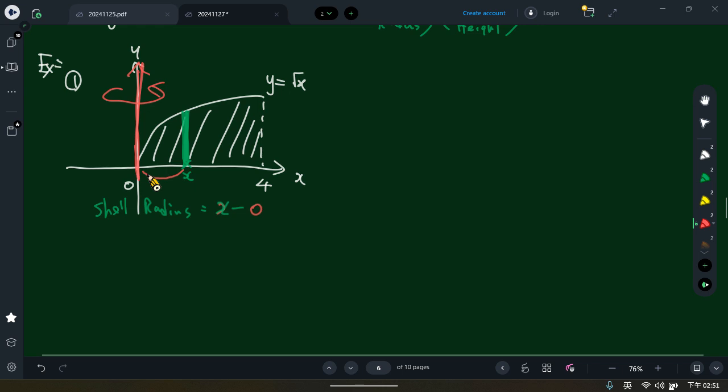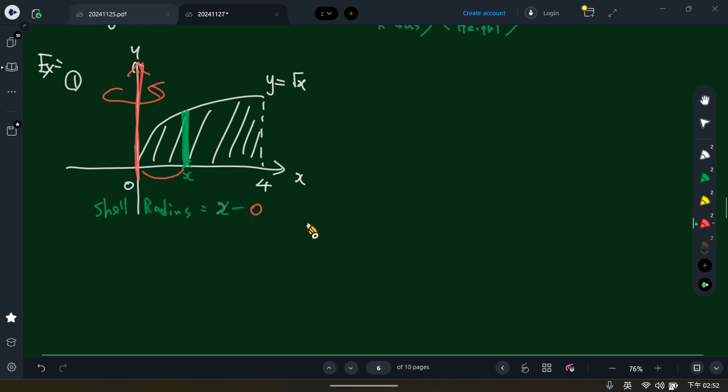But of course, in this case, the rotation axis is exactly x equal to 0. So that's why 0. But if the rotation axis is here, x is minus 1, so here will be x minus (minus 1). Okay? So this case is very special because the rotation axis is the y-axis. So no wonder here is 0. But if it's not, it will possibly be another number, not 0.